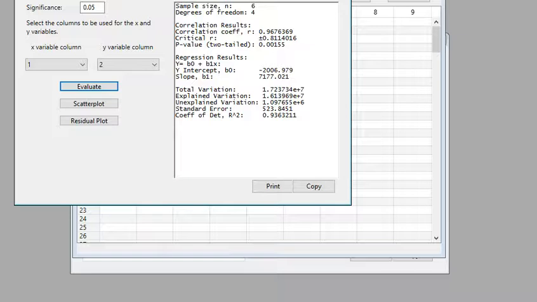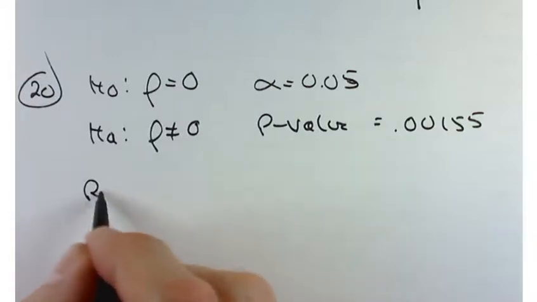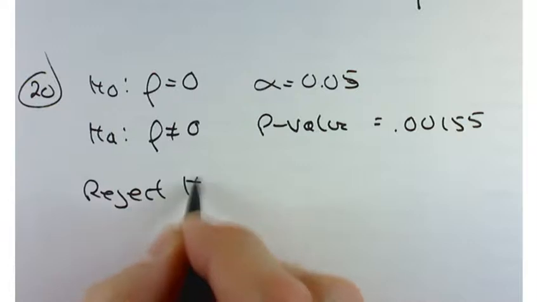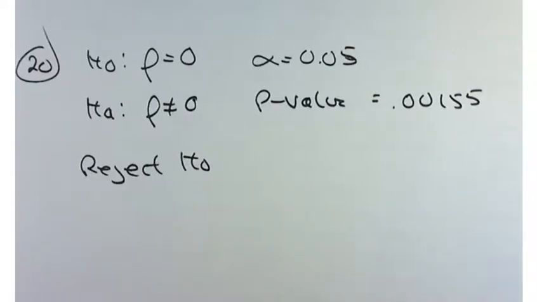And we get a p-value of 0.00155. Okay. Alicia, what's that telling me we should do with our null hypothesis? Good. Reject H naught. Clearly there's a nice relationship going on here, and it's significantly different than 0.